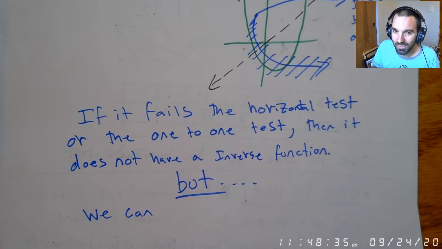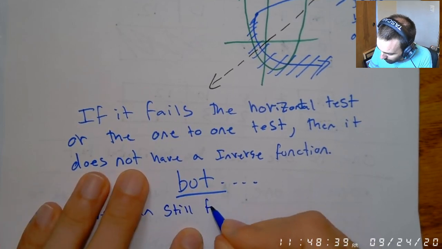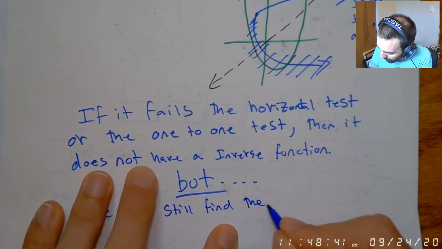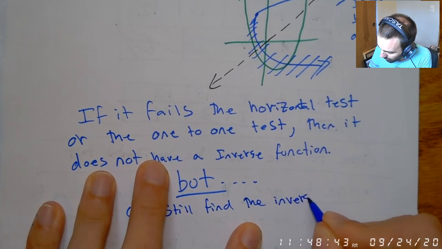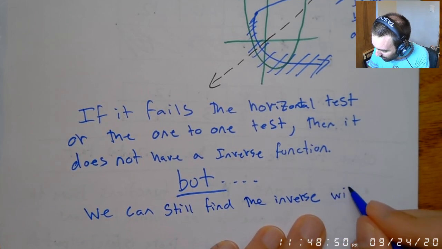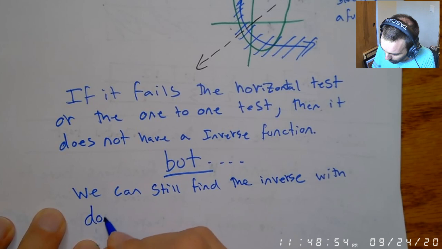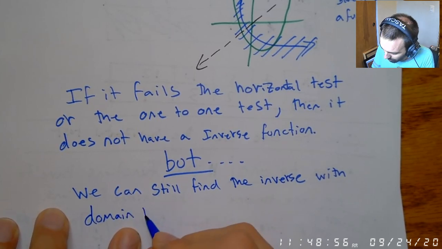That's the big takeaway, okay? But we can still find the inverse, right? Because we've been finding the inverse of x squared now for a while. We can still find the inverse with domain restrictions.